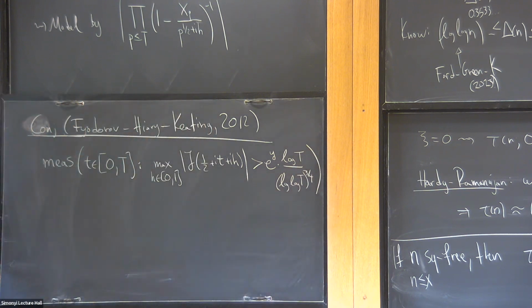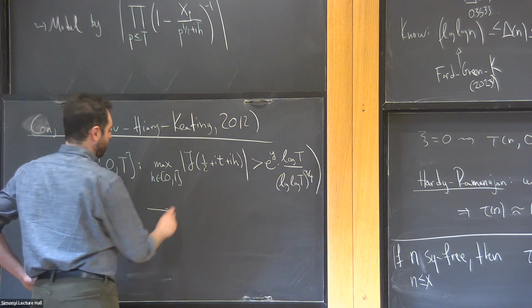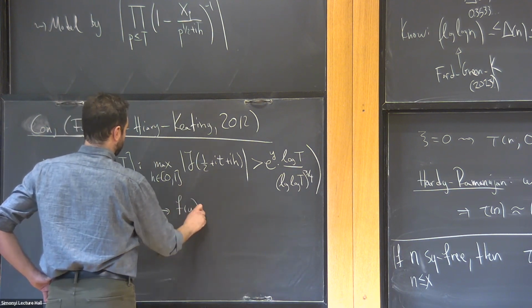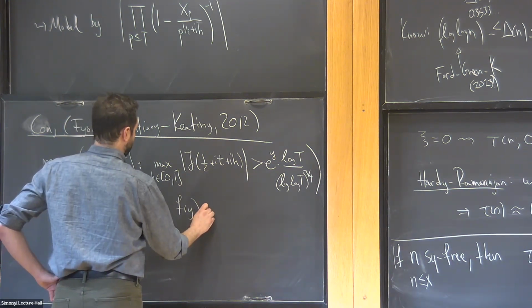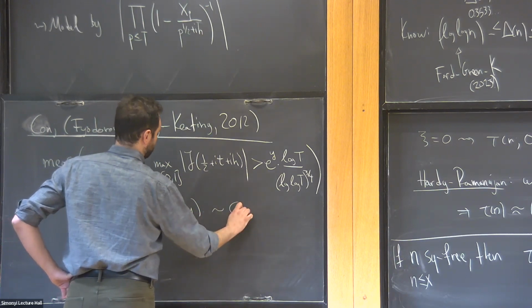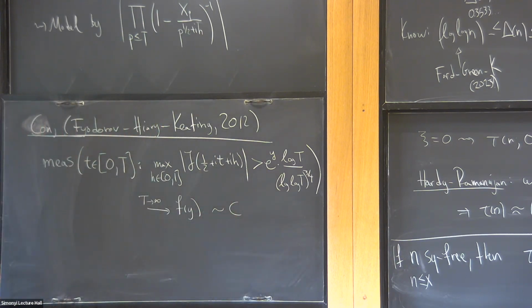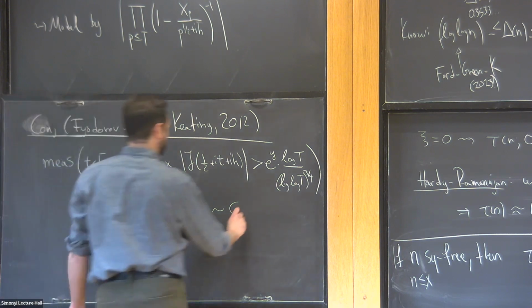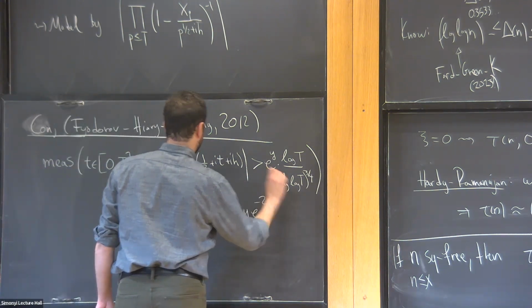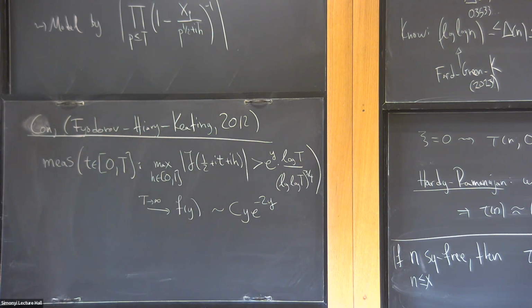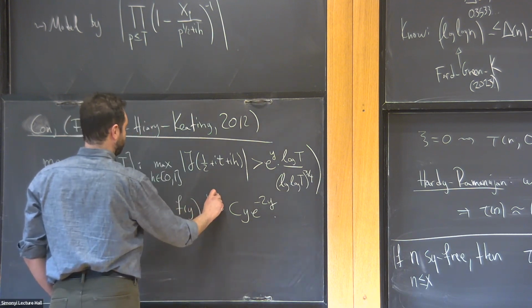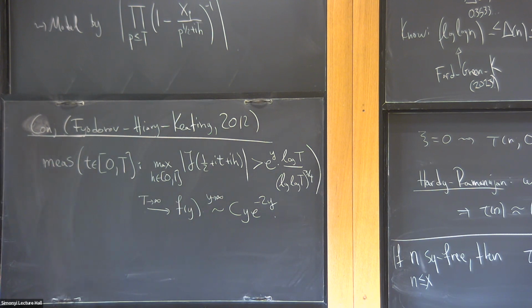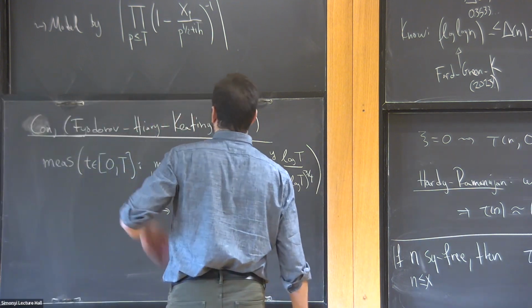Then for fixed y, this should tend to some limit, let's call it f of y, as T tends to infinity, which should be asymptotic to c y e to the -2y or something like that. Very precise conjecture. So first you take T to infinity, and then if you let y to infinity, then it should have this asymptotic behavior.